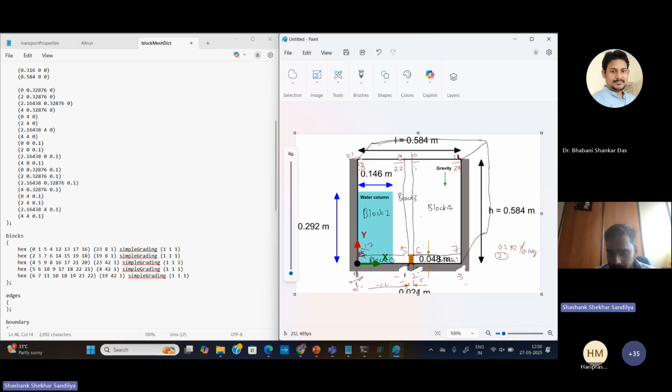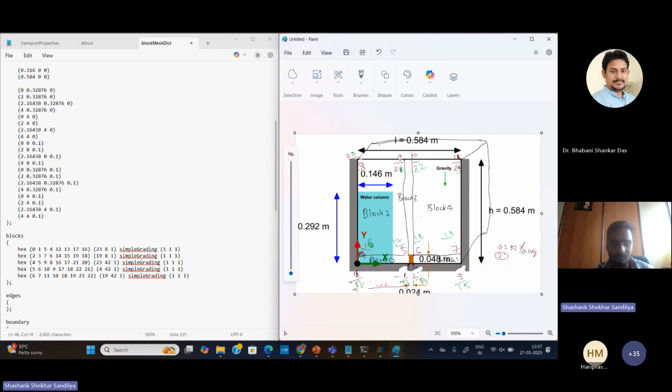This is 12. This is in the back side of vertex 0. This is 13, 14, 15, 16, 17, 18, 19, 20, 21, 22, and this is 23.